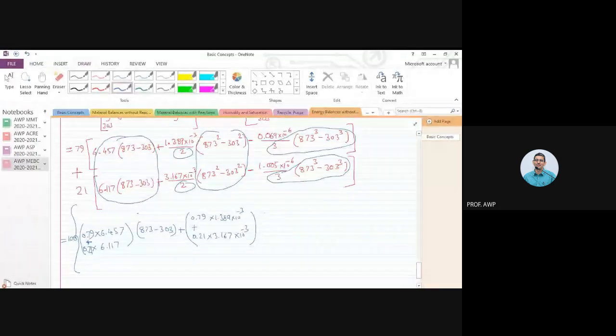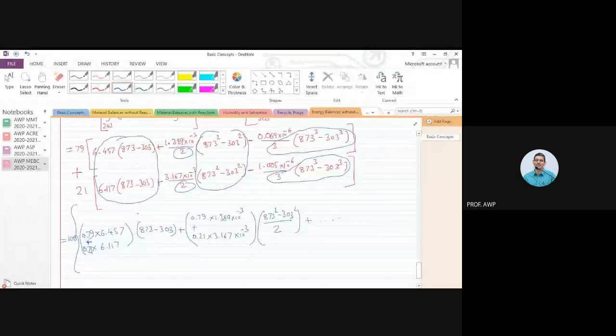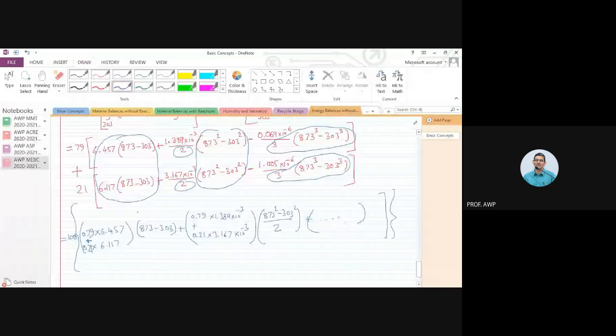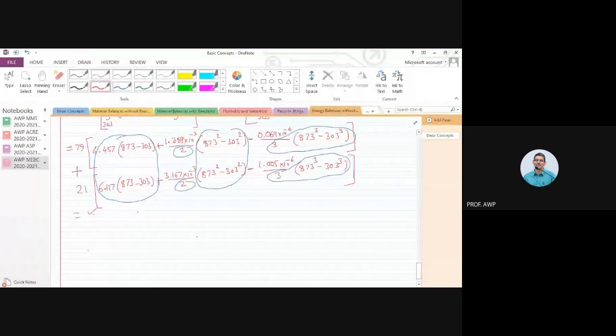This multiplied by 873 square minus 303 square divided by 2, and so on. Do you agree with that? Yes, sir. Right, that's what you've done, right? Yes, sir. So either you say that for 1 gram mole air I will do and then multiply by 100, or you do it this way, one and the same thing, you are going to get the same answer. Is that okay? Yes, sir.